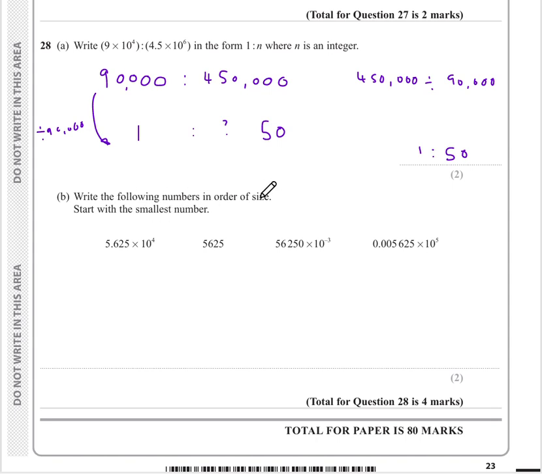Part B. Write the following numbers in order of size. Start with the smallest number. So none of these numbers are particularly in standard form. We can use our calculator to help us with this one.